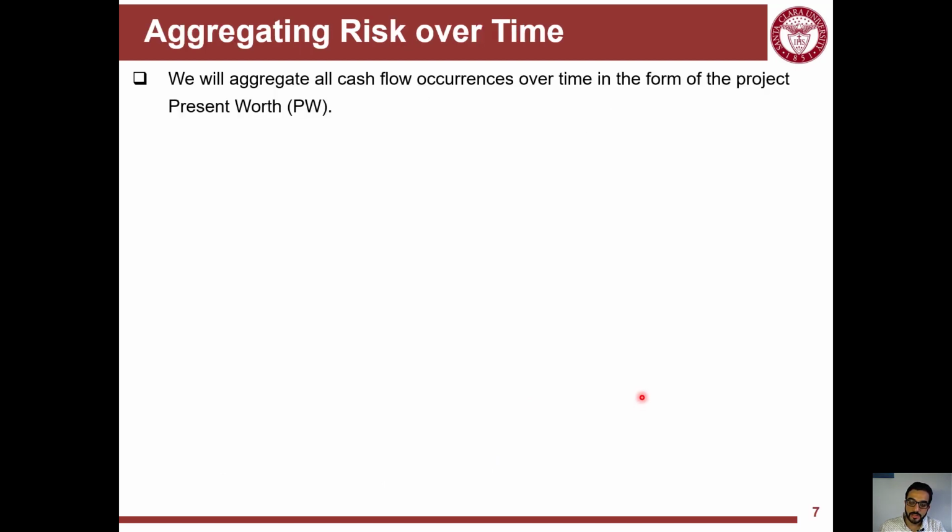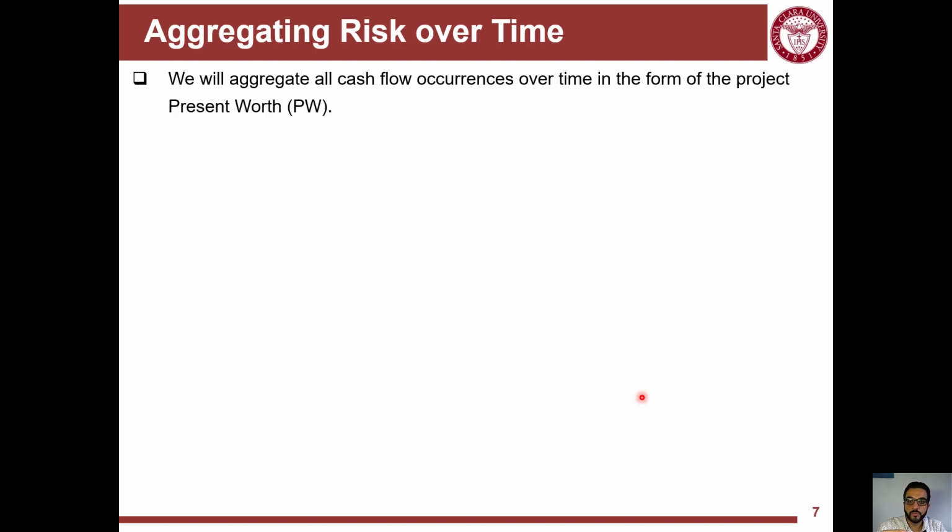So once you do that 3-point estimate of the cash flows, using the pessimistic, optimistic, and most likely, now, as we do in the deterministic way of analyzing cash flow, we need to calculate the worth of the whole cash flow. Now we're aggregating the risk of the whole cash flow.